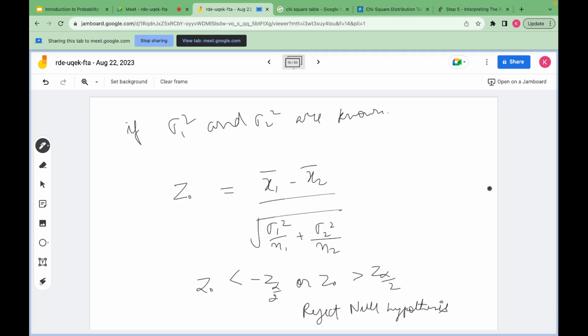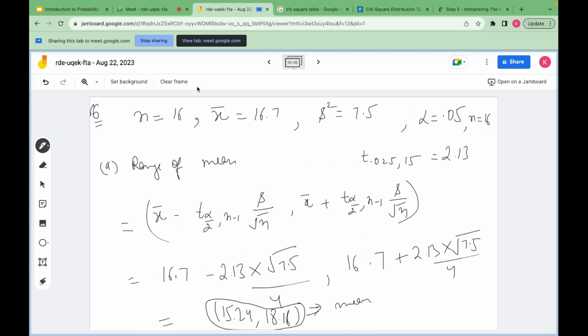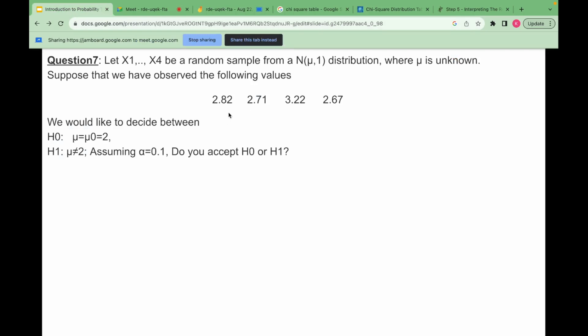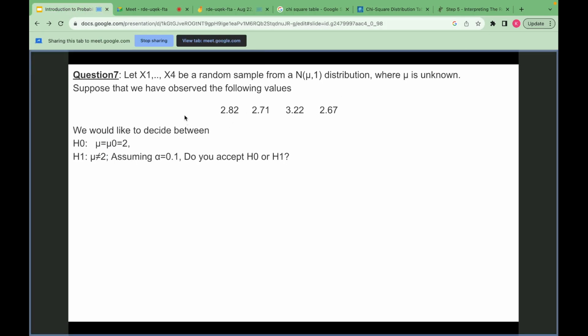Okay, so there are a few of these formulas which can be used. I will show a few examples so you can see how to solve the questions. Let x1 to x4 be a random sample from a normal distribution, where mu is unknown.